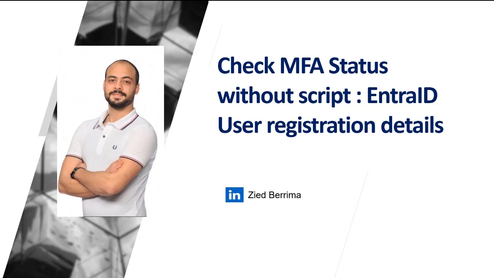So the goal of our video today is to achieve this kind of information without typing any command, without typing any scripts, and get it directly from the Entra ID portal, precisely with the tab called User Registration Details. So let's jump to our Entra ID portal and see this in real time.